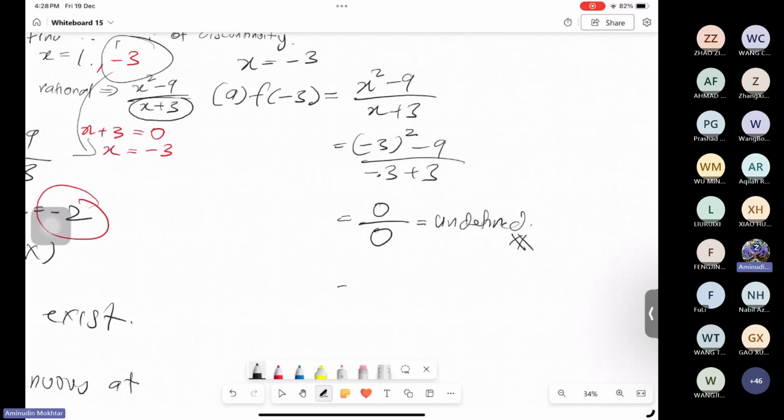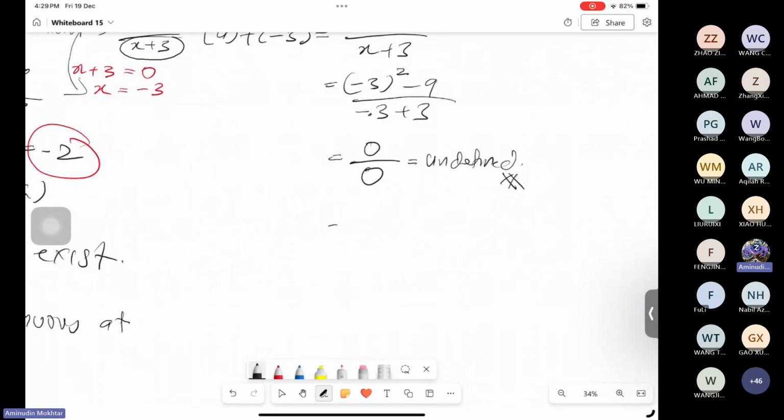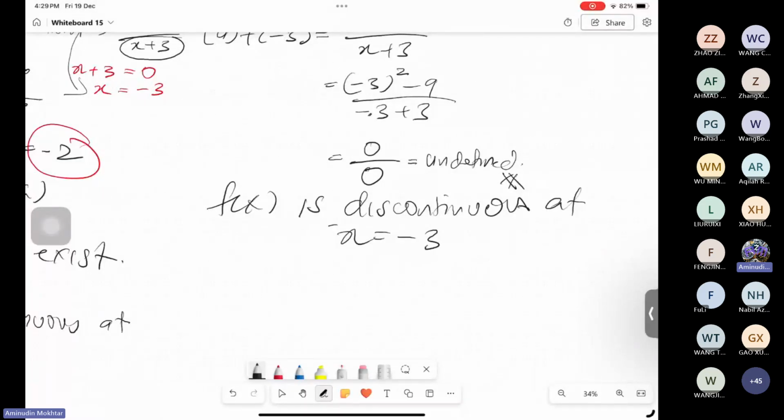We can stop and conclude that f(x) is discontinuous at point x equal -3.